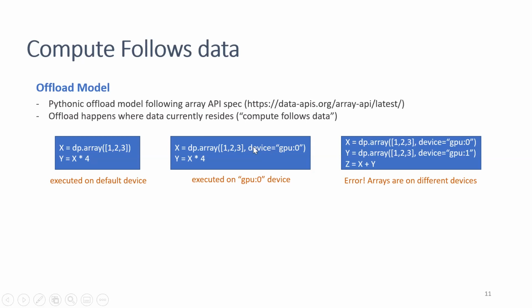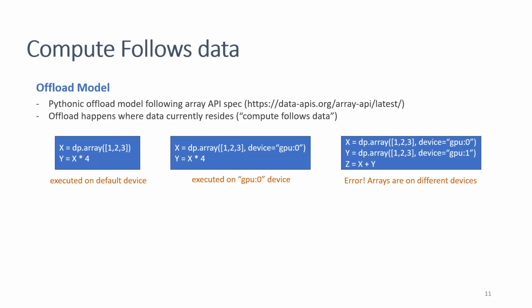We're passing in GPU as the parameter, and the data is lying there itself. We're computing the data here itself. In the third example, we've seen the NumPy arrays X and Y are on 2 different devices, and we are trying to compute the results, which will generate an error because the arrays are on 2 different devices. In this scenario, you can't follow this approach of compute follows data.